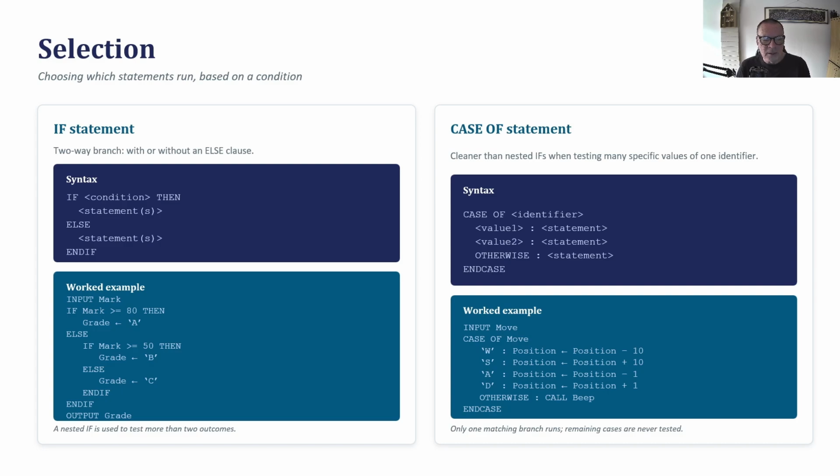However far the nesting goes, you just carry on going in and in until you get to the logic that will actually be resolved as true, and then nothing else is done after that. So once a condition is true, it's met the condition, and it does that code, then none of the other code will be done. So the else will not be done, and any other part outside that will not be done.